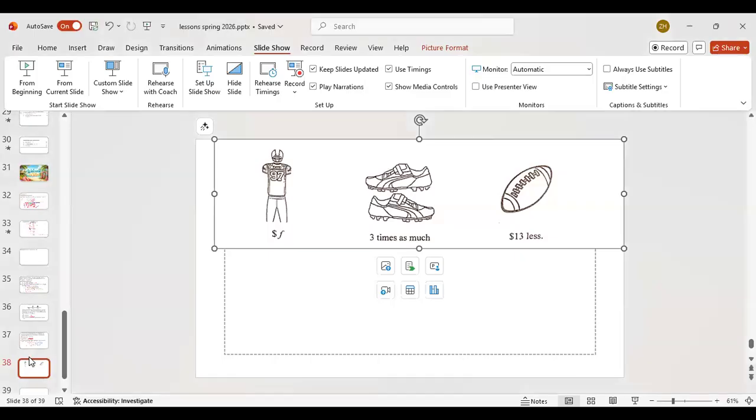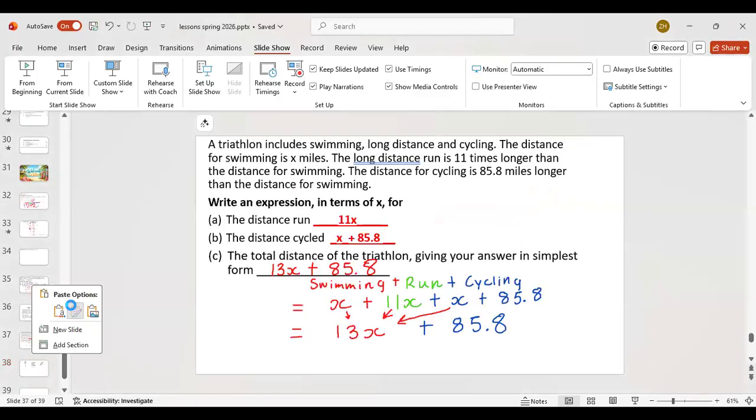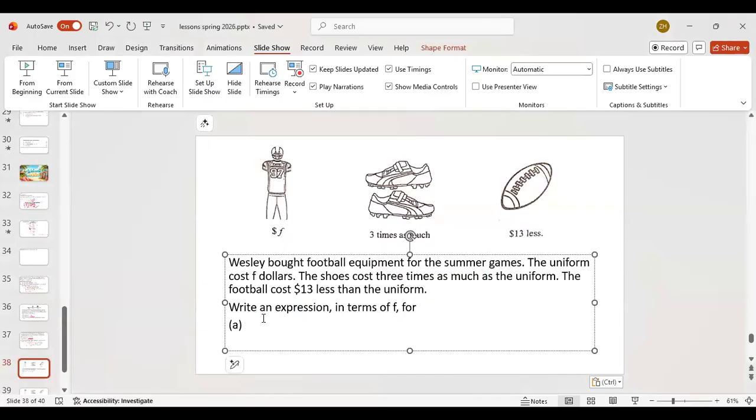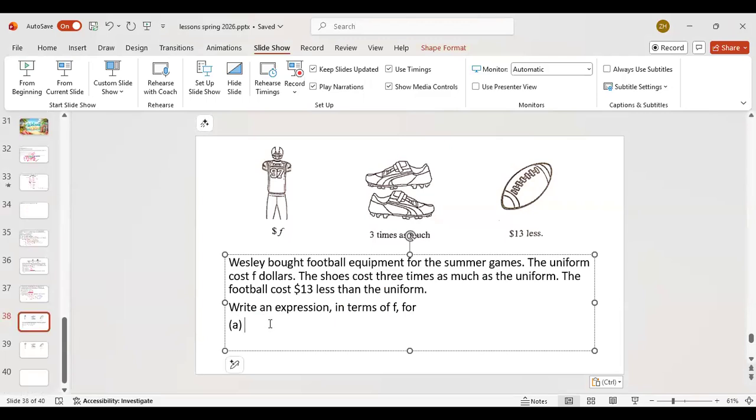Good. For A, the cost of the shoes. So what is the cost of the shoes?